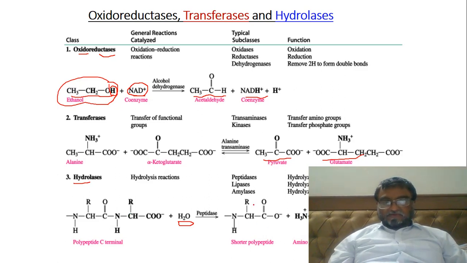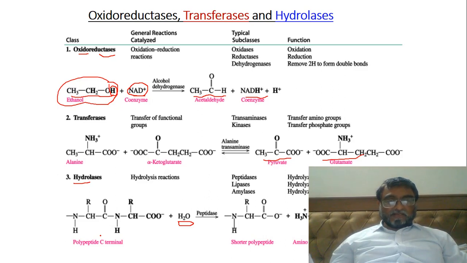A bigger polypeptide molecule is broken into a shorter one. In this case, it is composed of two amino acids, so it's a dipeptide, and it is breaking this dipeptide in the presence of moisture.